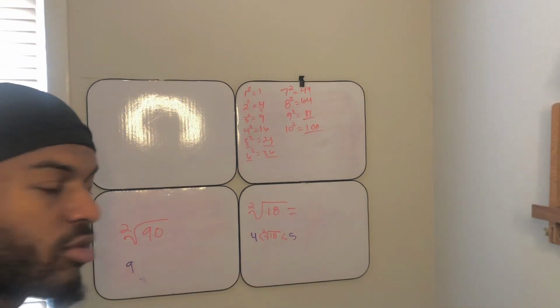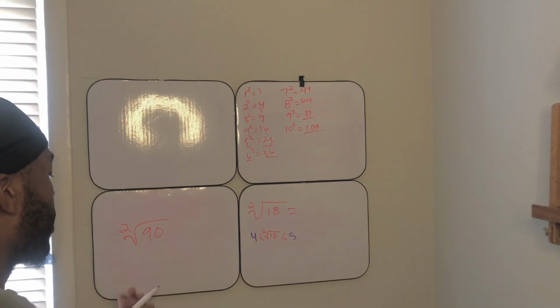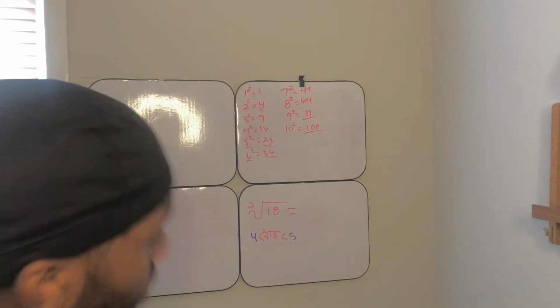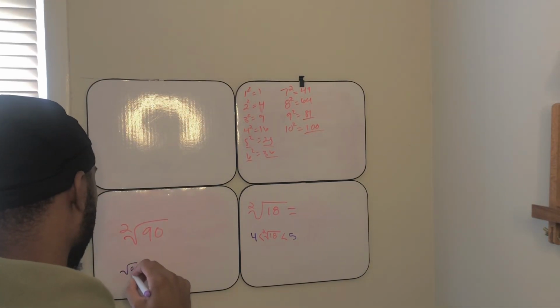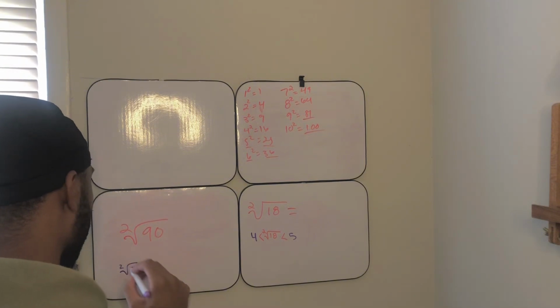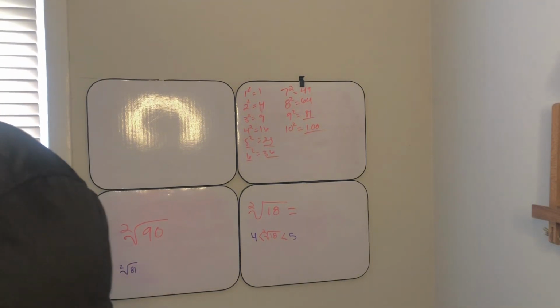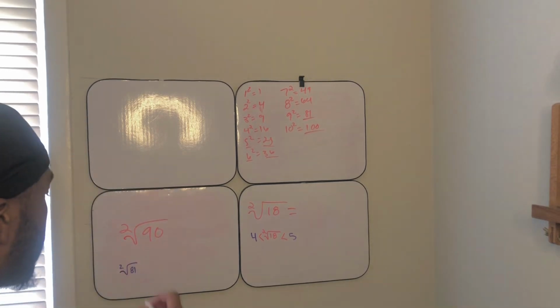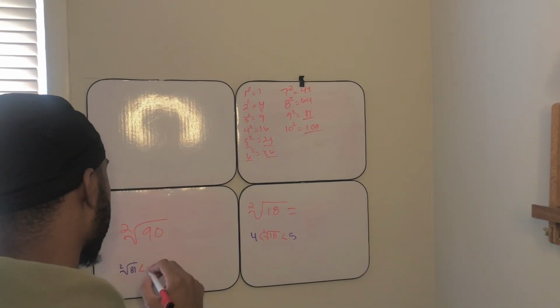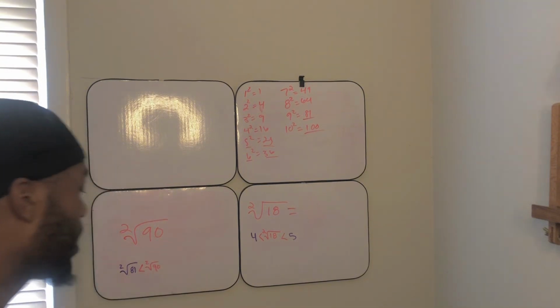And I'm going to write it out this way just to make sure that there's no confusion. The square root of 81 is less than the square root of 90.